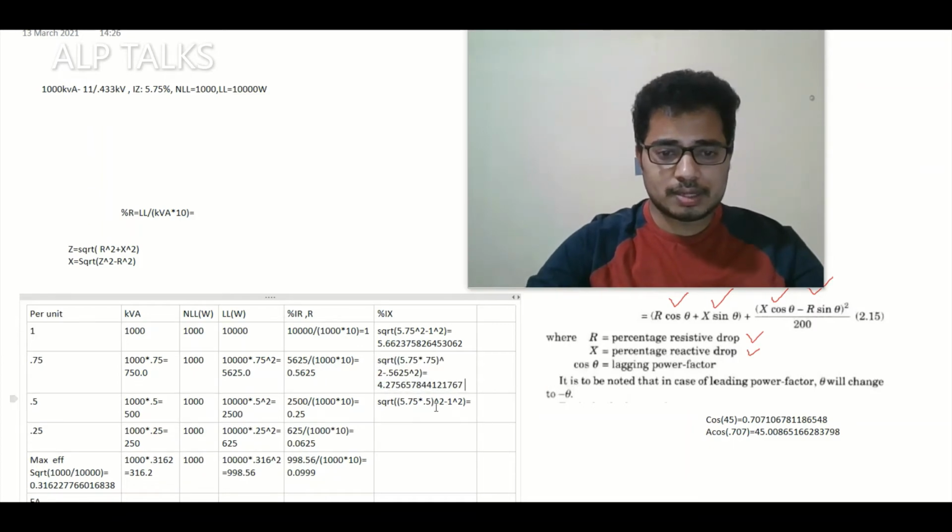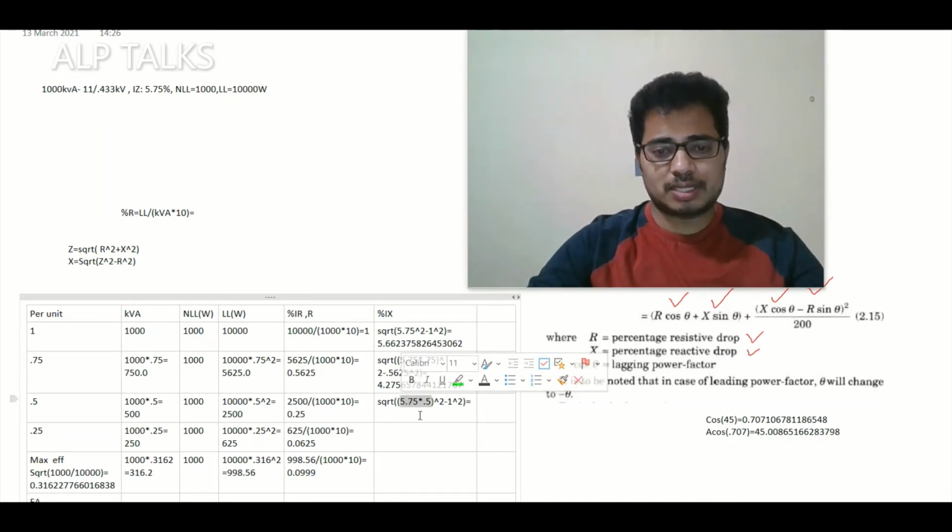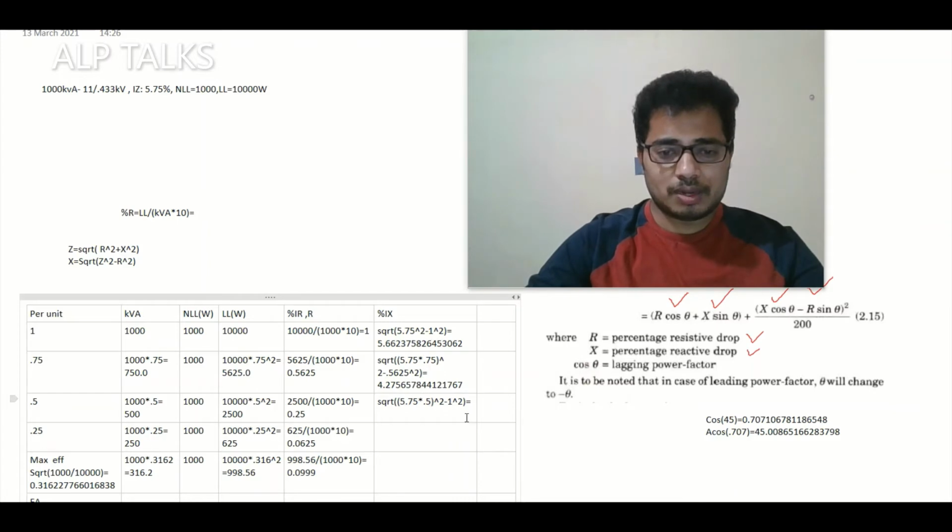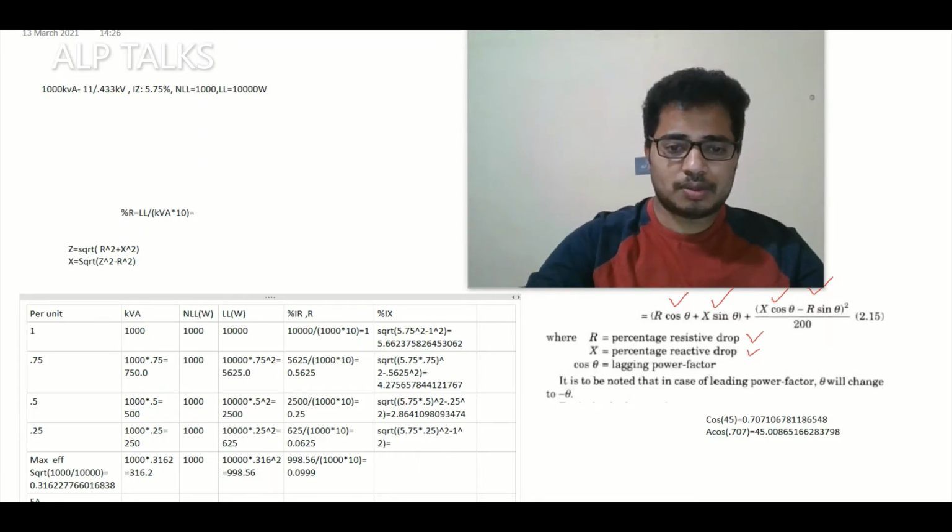In this case it is a 50% load. The impedance contribution is 5.75 into 0.5, and from that we should remove the 0.25 whole square. So now we get 2.86, which is the reactance contribution. Similarly, we can calculate for a 25% load: 5.75 into 0.25, where the resistance contribution is 0.0625.